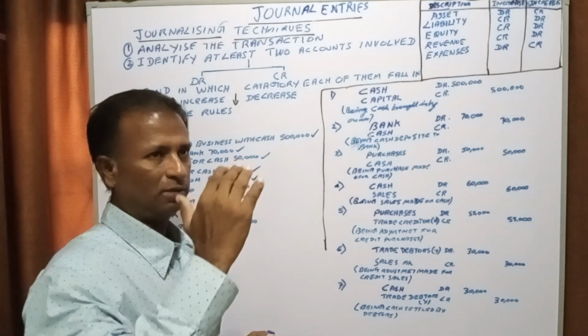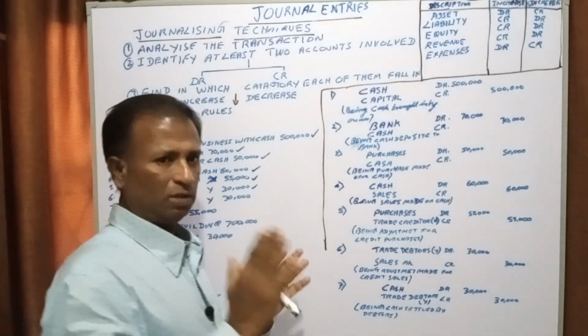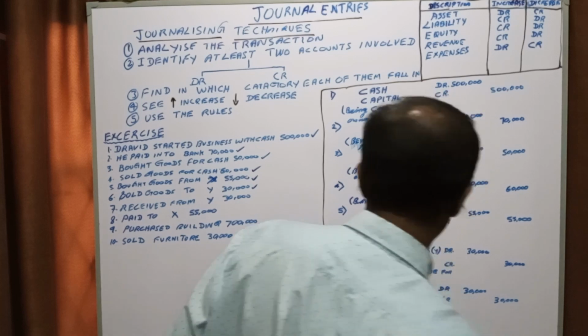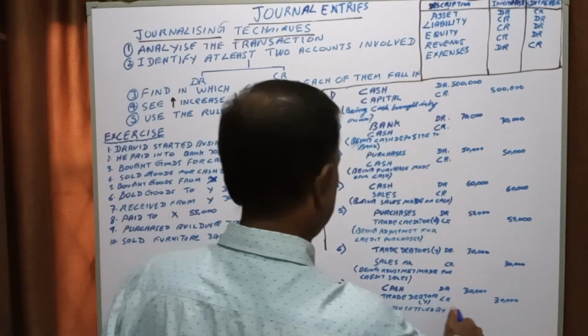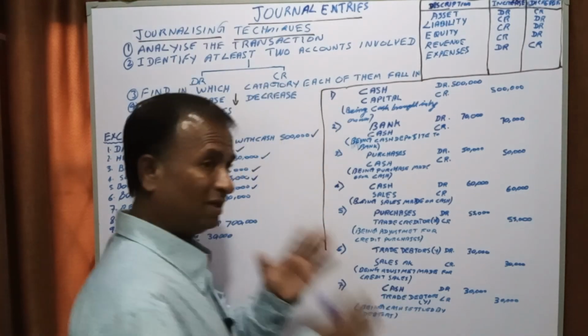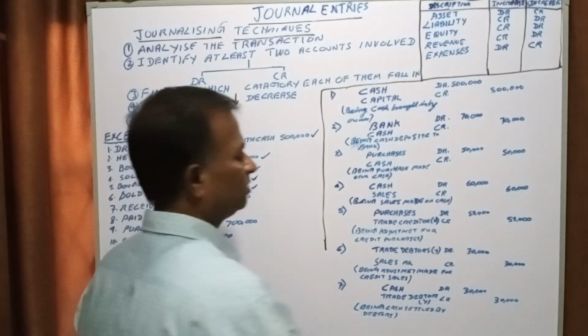If the trade debtors are decreasing, trade debtors account should be debited. Sorry, trade debtors should be credited, because decreasing, the trade debtors amount is decreasing means it has to be credited.